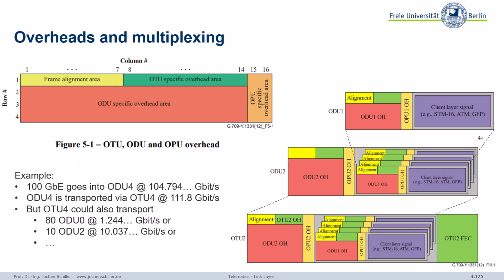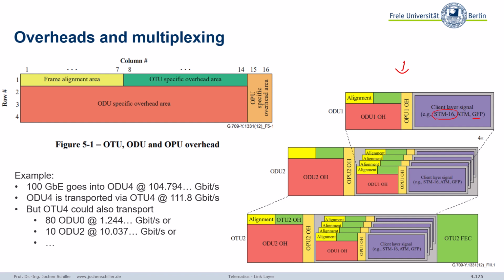just to give you a first impression how this is done. And the idea, yes, this looks a bit complicated in the beginning, but it is as shown here on the right-hand side. We take one of these data units, optical data units, and inside we have, for example, STM16, that's a signal from this classical, very strict multiplexing, ATM also, legacy technology. We have generic framing protocol, so this could be an Ethernet frame, for example.